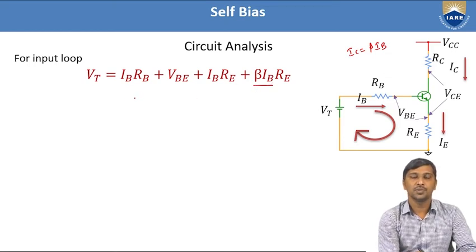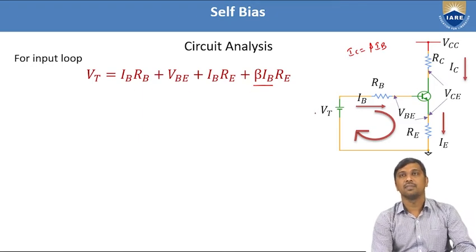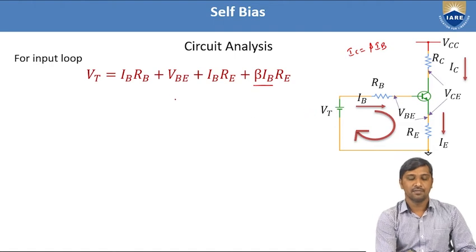So if you observe this mathematical relation, all the terms are only known parameters, and the only unknown parameter is IB. Now we need to determine how much base current flows with respect to this biasing source and the biasing components. And from this relation, we need to identify the base current.